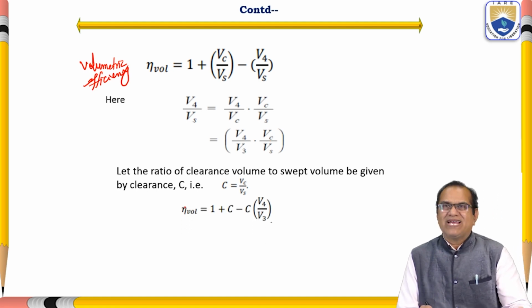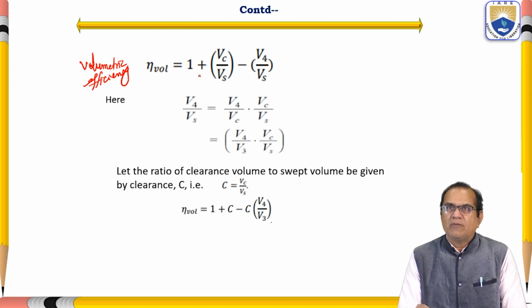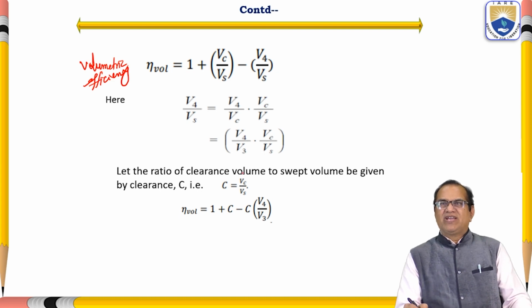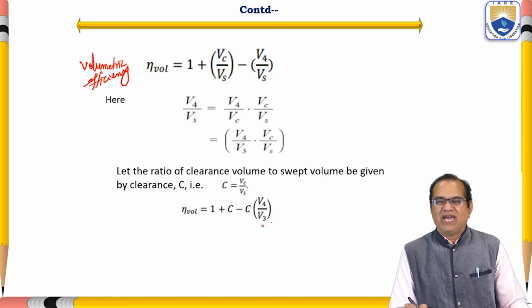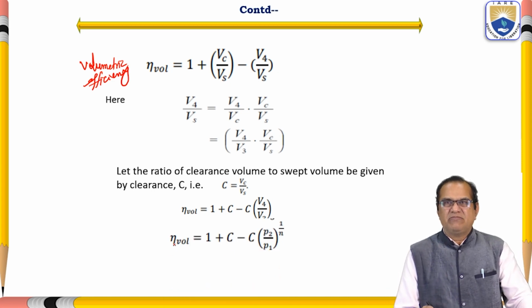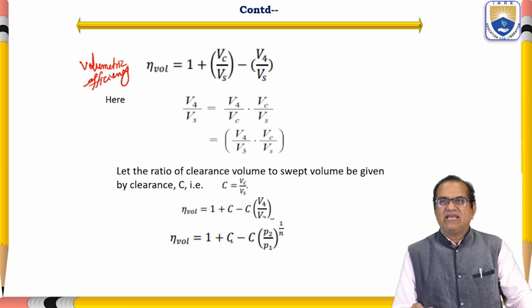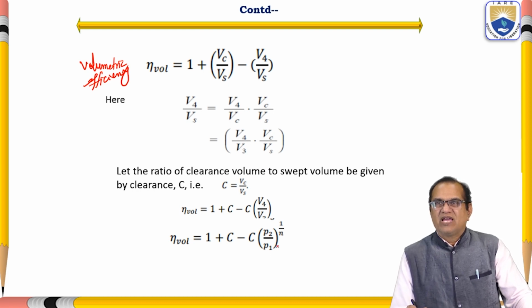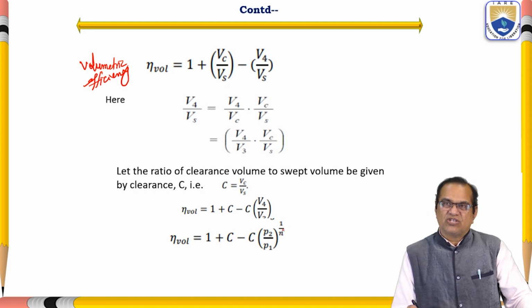So now we get the volumetric efficiency equal to 1 plus Vc by Vs, which is C, minus C times V4 by V3. The volumetric efficiency of the system is 1 plus C minus C V4 by V3, and V4 by V3 we can write as (P2 by P1) to the power 1 by n, by the gas equation.